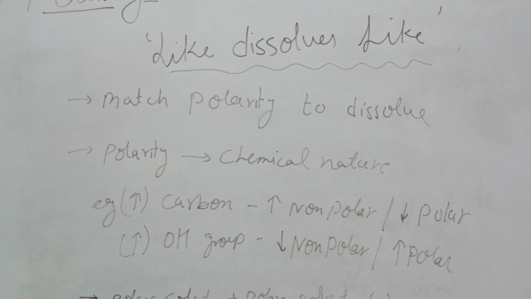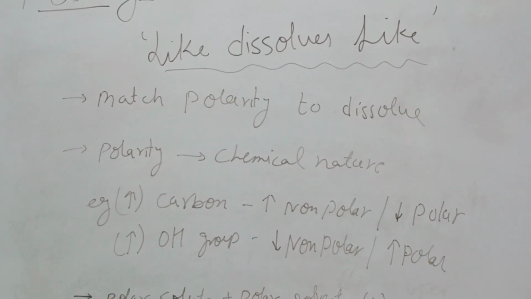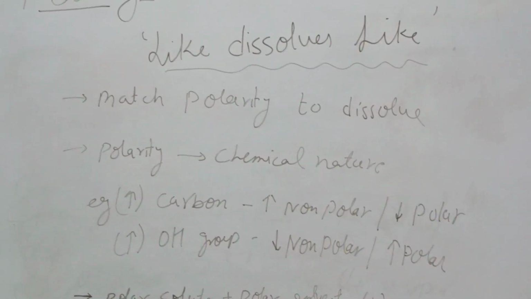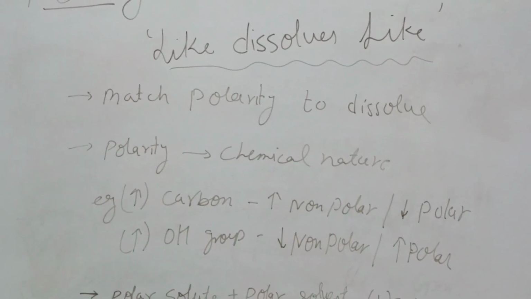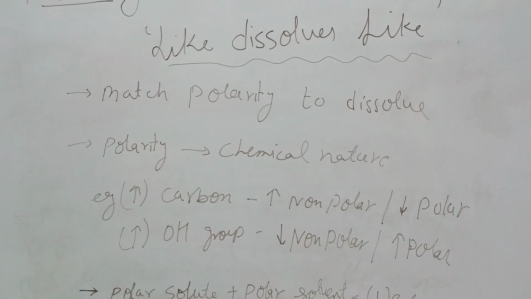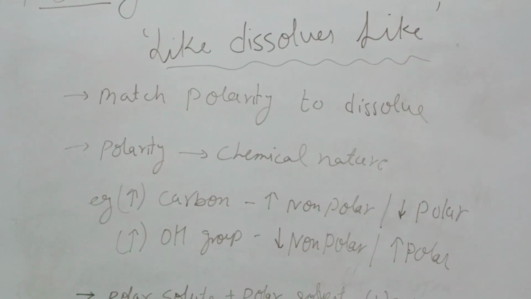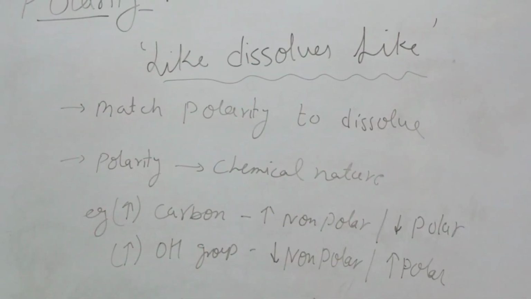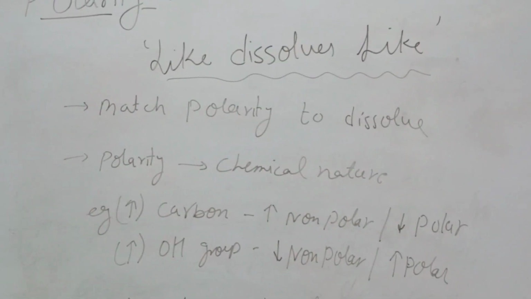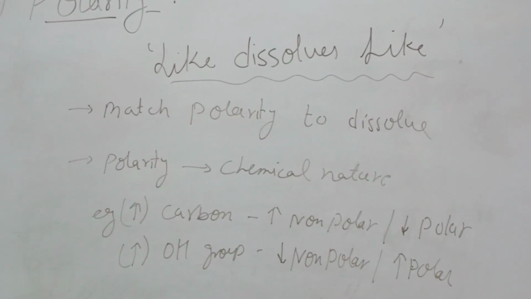On the other hand, if a solute or a solvent contains a polar functionality such as a hydroxy group, depending upon the presence of hydroxy groups and their number or extent, that organic compound, that solute or solvent is said to be more polar, and hence less non-polar.